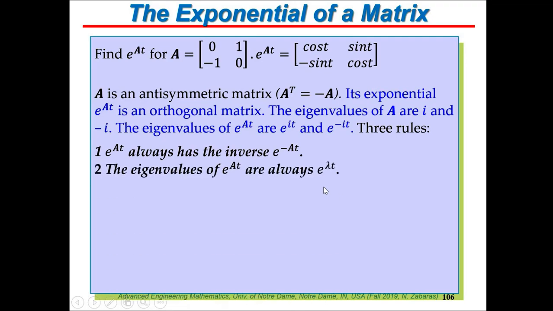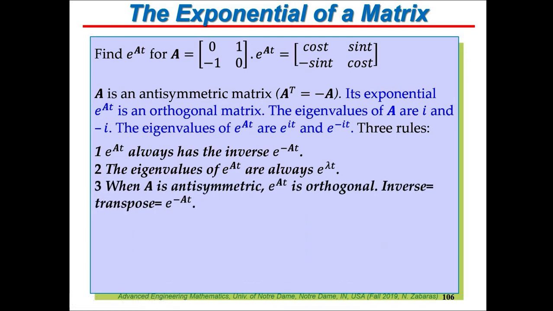The eigenvalues of e to the At are e to the lambda t, where lambda are the eigenvalues of A. And in the case we just mentioned, if A is anti-symmetric, e to the At is orthogonal, and its inverse is the same as the transpose, which is e to the minus At.